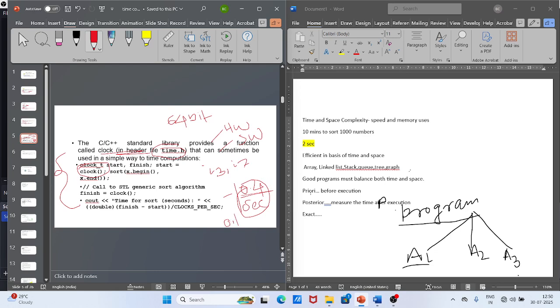Yes or not? So this posterior time measurement is dependent on particular software and hardware.